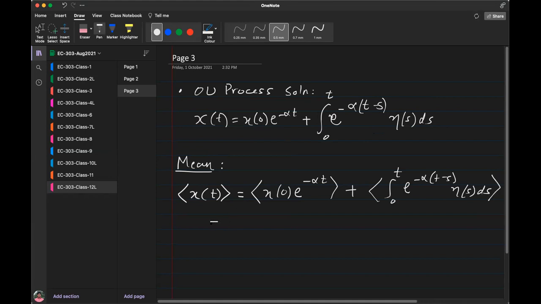Is that fine? And if x0 is a given value, an initial perturbation, then this entire term is deterministic. So the average is the same as the term itself, and it doesn't change. So the first term remains as it is. What about the second term?